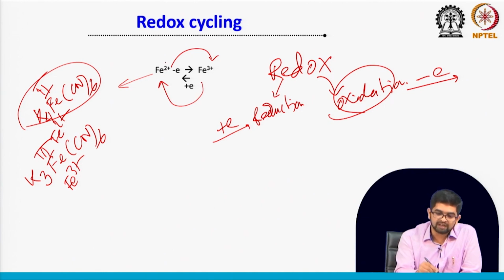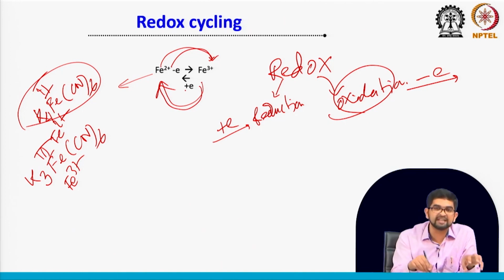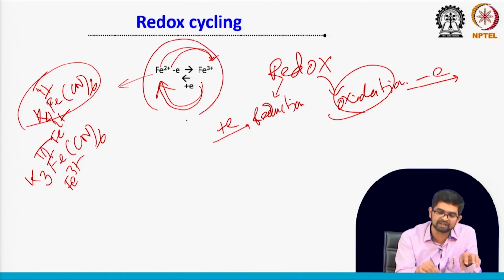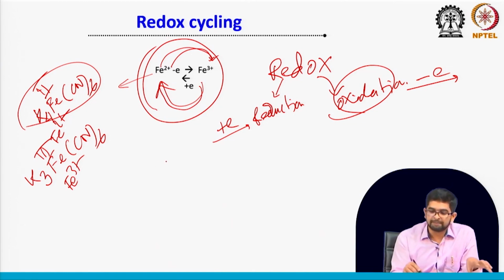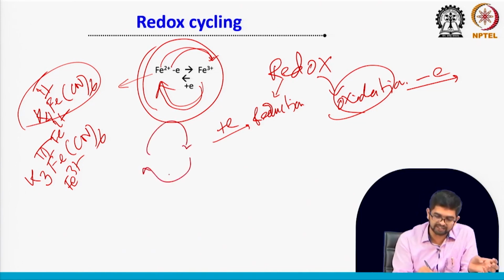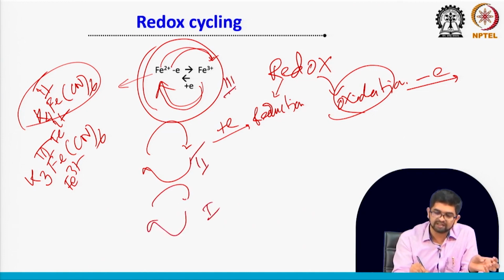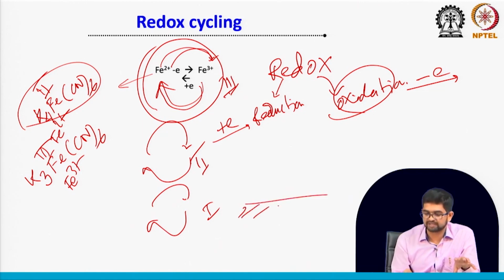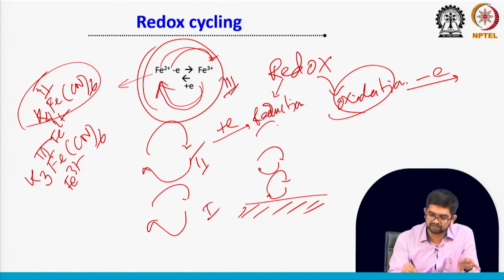So this oxidation and reduction, we can make it cyclically on the sensor surface, not only one redox. Here is just for example iron, we can make many redox couples on the sensor surface, and they can react with each other like 1 cycle, 2 cycle, 3 cycle on the sensor surface. If we can make 2 or 3 cycles, then one substrate can take part.